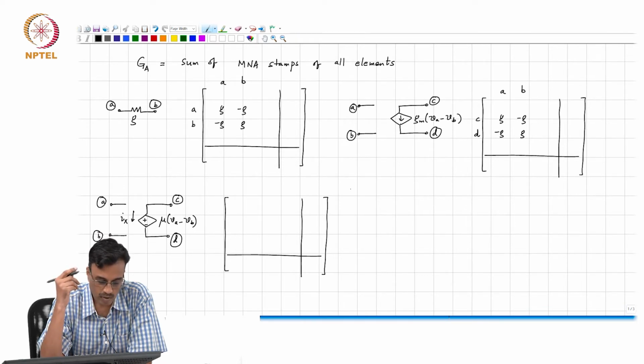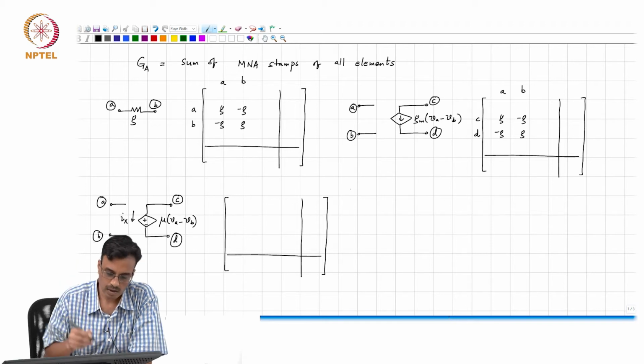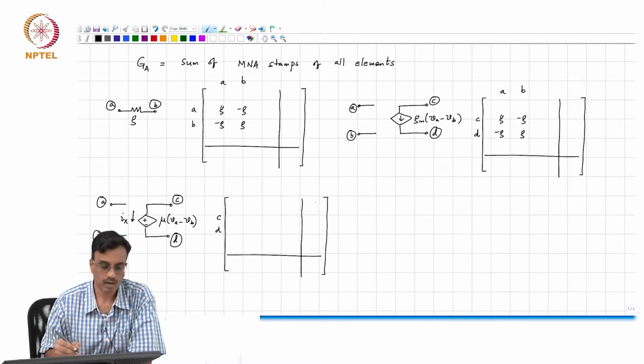What comment can we make about the MNA stamp? They are in the rows C and D, and the entries there are 1 and minus 1.